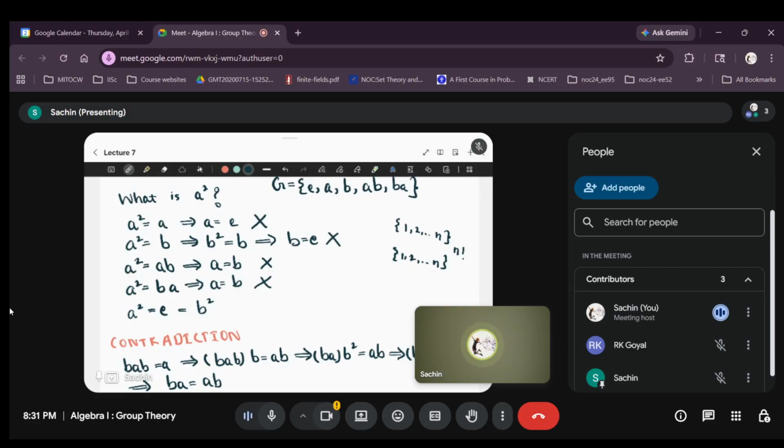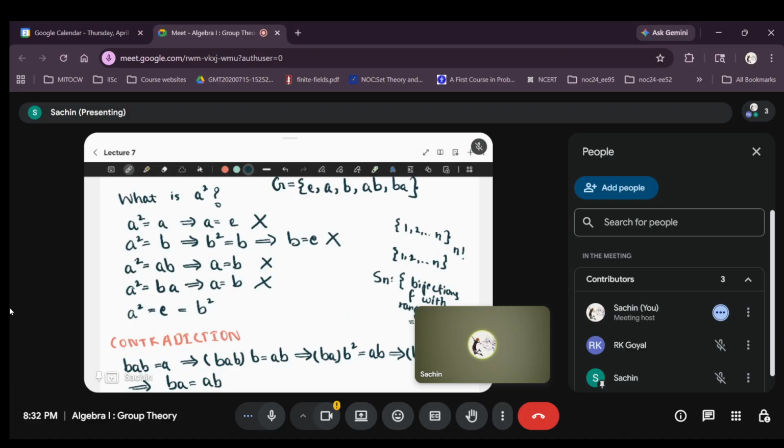You take the set of all bijections with domain and range both equal to 1 to n.